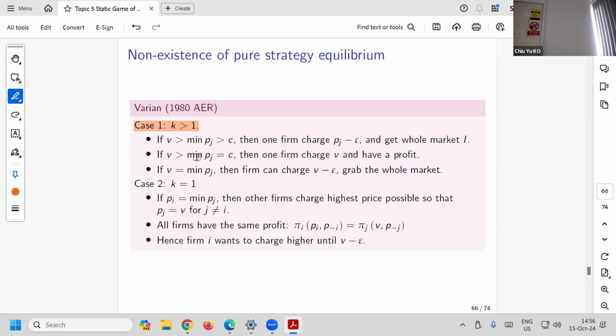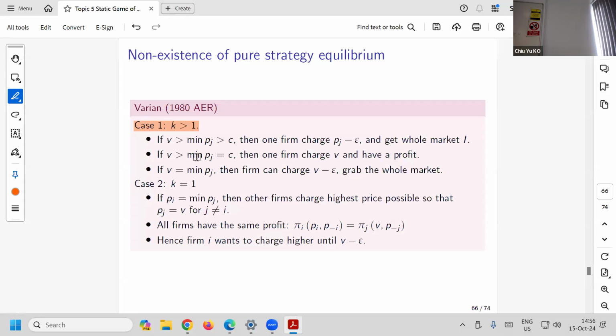So one of the firms will say, no way, I'll just get some profit by charging my loyal base. And if the lowest price is equal to the maximum they're willing to pay, then one firm can just sell lower and grab the whole market. Same as before.